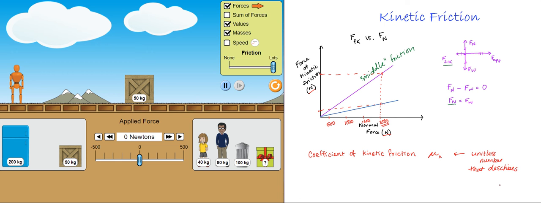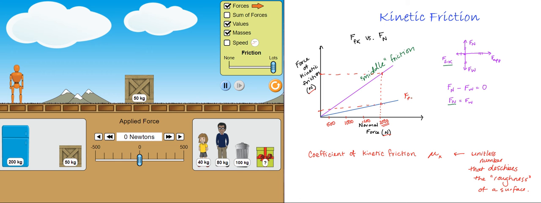It's a unitless number that describes, and this is not the most scientific definition, the roughness or smoothness of a surface. Now, really what it is, is a ratio of the force of friction to the normal force for a particular surface.